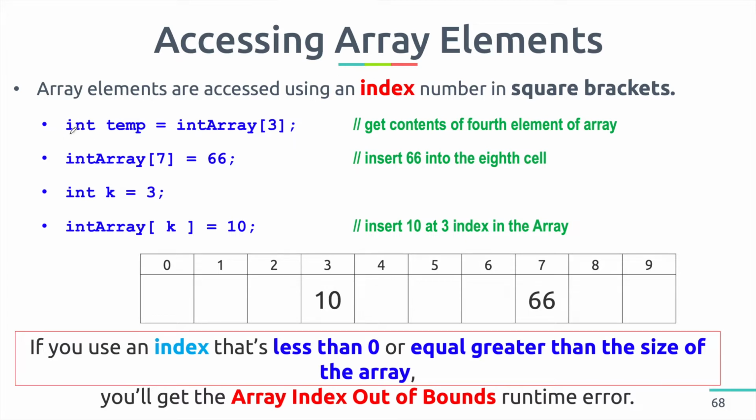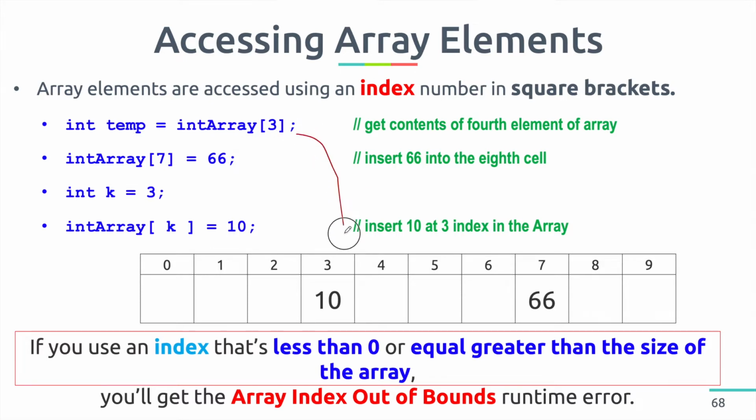So for example, here we have an integer int temp variable is equal to int array at index 3. So what we do here is we get the content of the fourth element in the int array. So we'll have to see what is in int array at index 3.